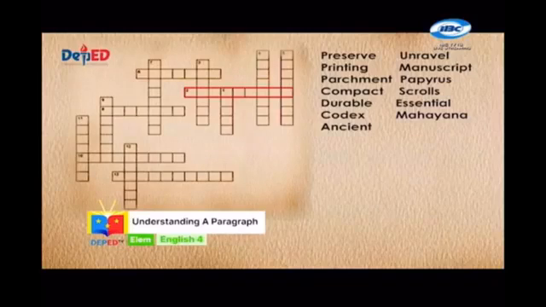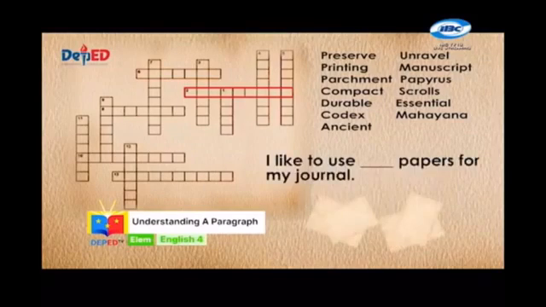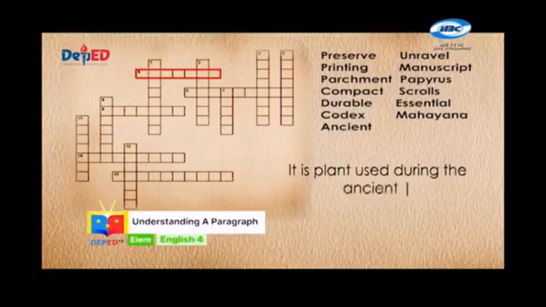Number 2. 9 letters. It is a stiff, flat, thin material for writing. I like to use papers for my journal. Number 6. 7 letters. It is a plant used during the ancient times as a writing surface.